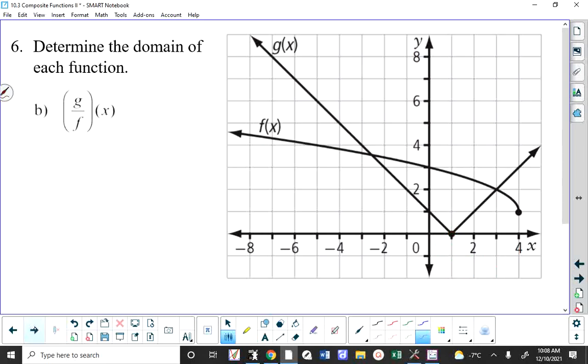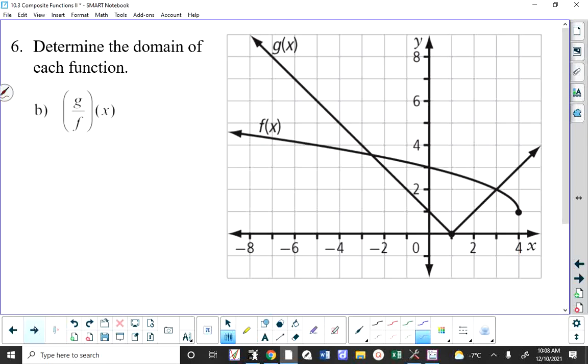What's the domain of g over f? Ryan, you want to give it a shot? It's similar that x has to be less than or equal to 4, but x cannot be 3?